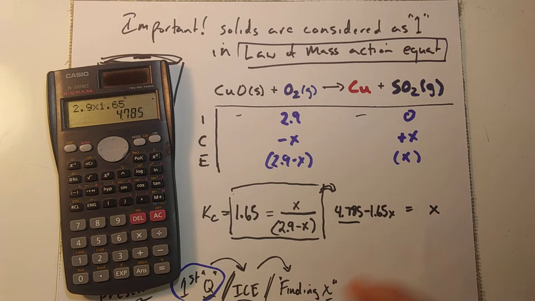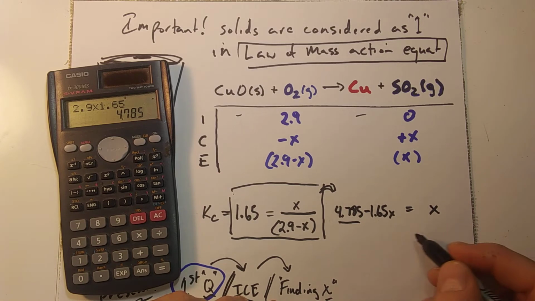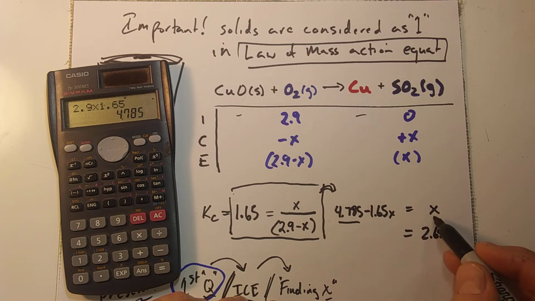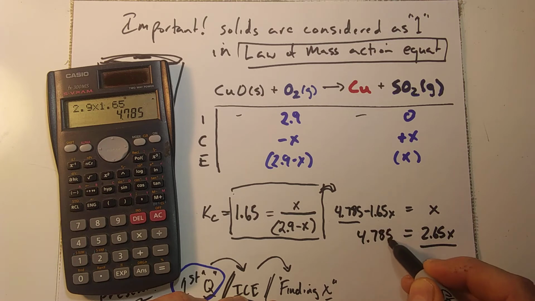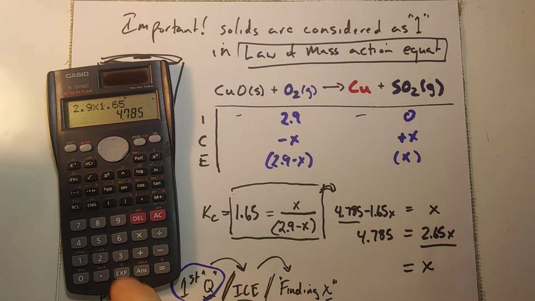Now all I have to do is bring this term over. That's going to be now 2.65x, because we're going to add to both sides 1.65x. Doing that to this x will give me 2.65x, and that's equal to 4.785. So now all I have to do is divide by 2.65.